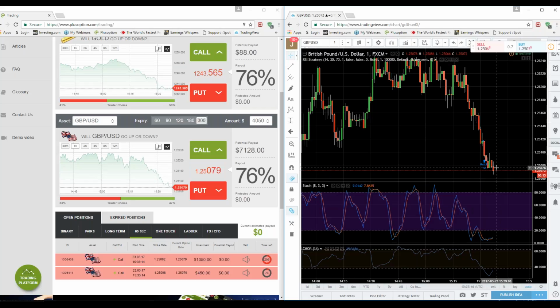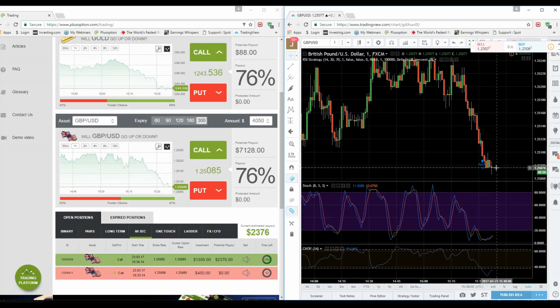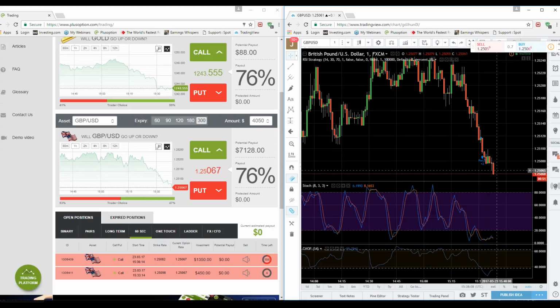Looks like we have a big fight between buyers and sellers in the market right now. So we're just going to wait this one out. Once again, I do recommend checking economic calendars and news for any economic events happening throughout each day before using this technical strategy, because you do see very much downward momentum here.